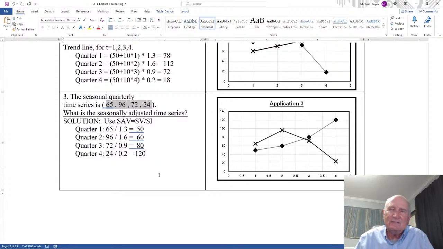Usually seasonal indexes are based on non-business things like weather, seasons, sometimes pay periods, fiscal years, income tax, or whatever. So it's really based on non-business decisions. So therefore, by seasonally adjusting it, you can tell how your business decisions have changed your operations.